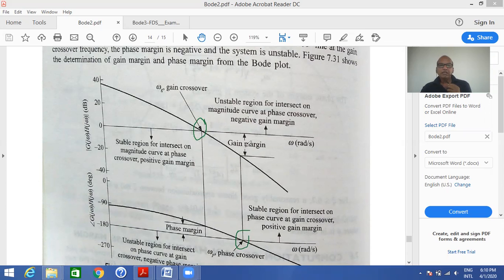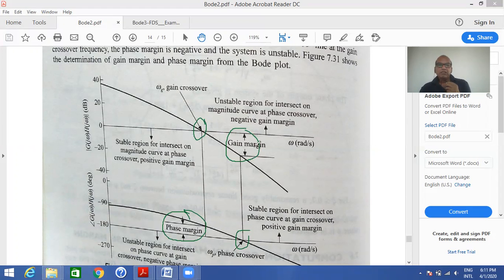Then the gain margin and the phase margin: this is the gain margin, and this difference is known as the phase margin. Phase margin is equal to this phi plus 180 degrees. The gain margin is equal to 0 minus this, that is, minus the magnitude in dB. We will get the gain margin.